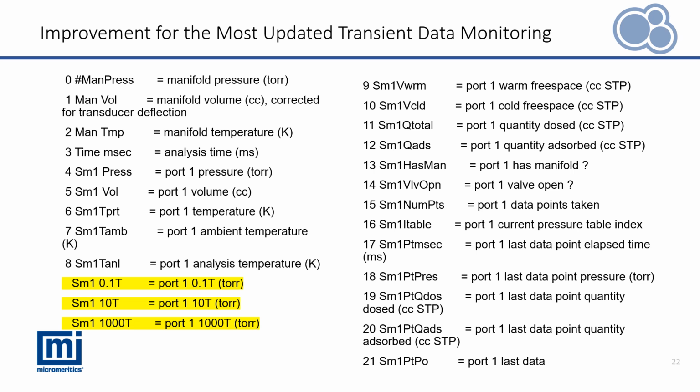The data monitoring feature has been available for quite a while with the 3-Flex, but the most recent data monitoring software for the 3-Flex, which is version 6.03 currently, is coupled with the Kitty terminal emulator.